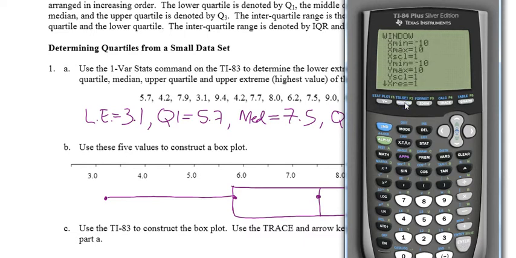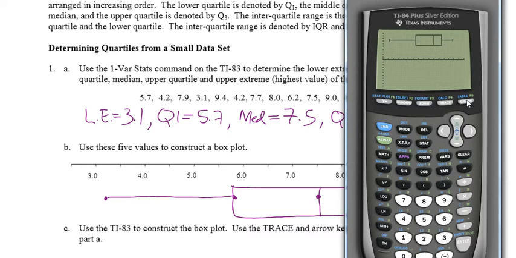If we want to match what's here, let's go 2.5 to 10.5, and a scale of 0.5. Y values don't matter. And there's the graph. Okay, so that's the box plot. Does that match up?